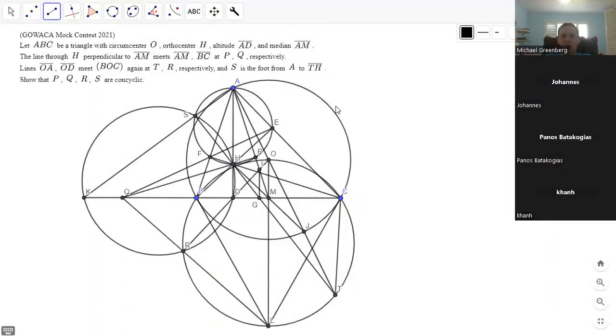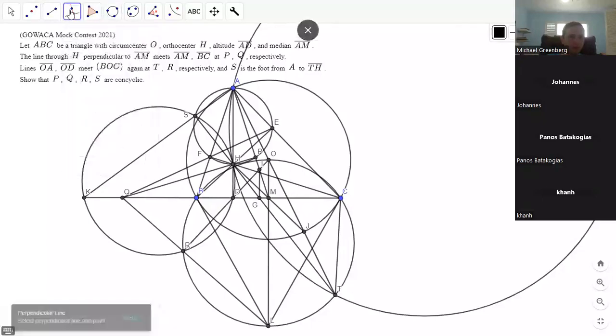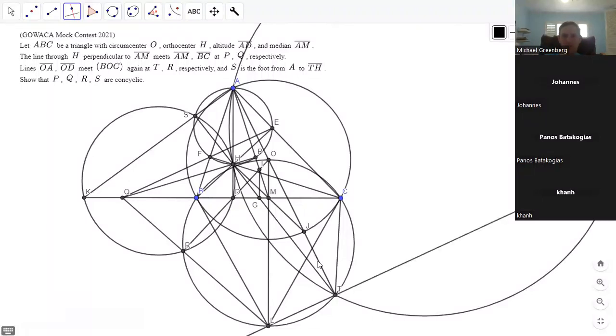Well, TH would become the circle ATH, and oh yeah, the circle with diameter AH would just become the perpendicular to AT through T. Okay. So it would be this line.